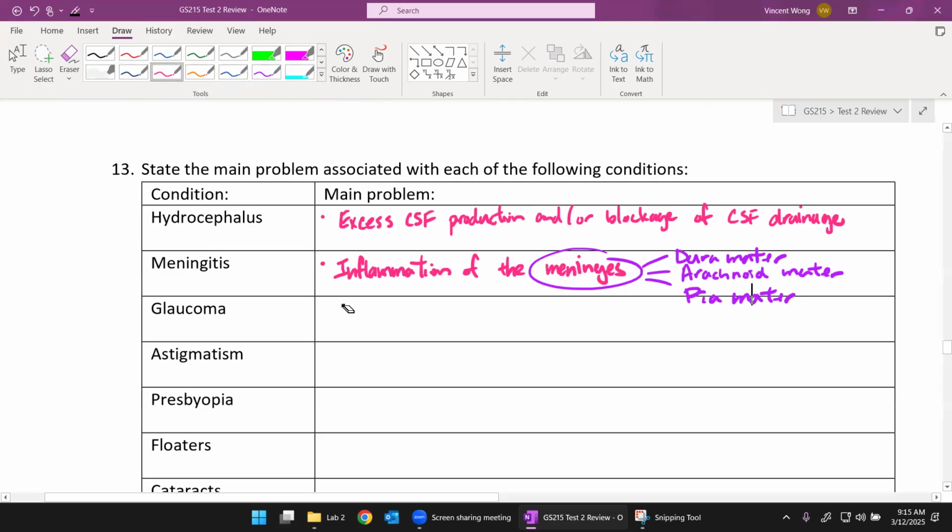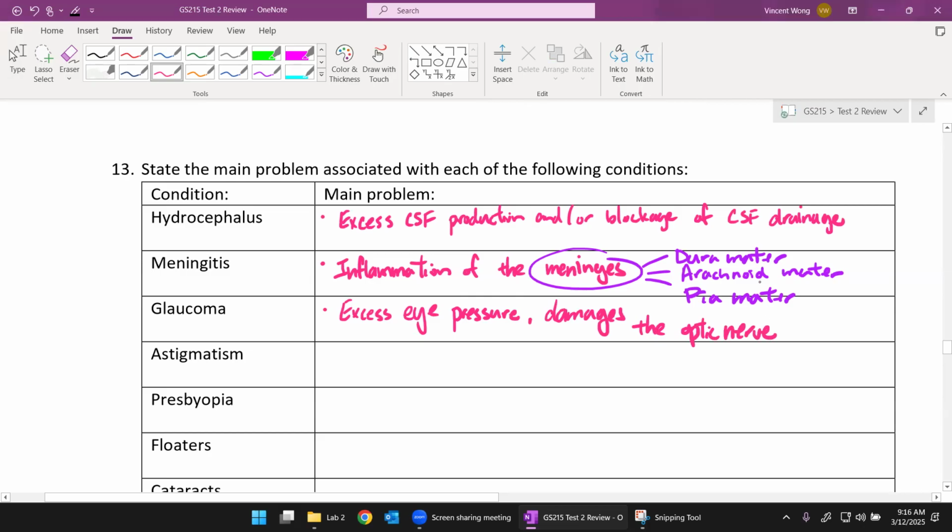All right, next one, glaucoma, not related to the brain, but the eye this time. This is excess what? What's too much this time? Excess eye pressure, and it damages the optic nerve.